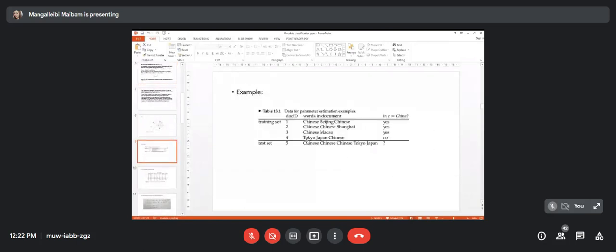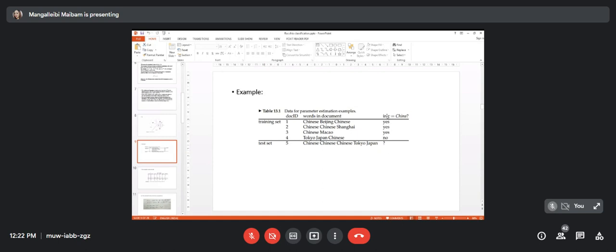The same example I'm using here is the one we have been using for text classification using Naive Bayes and also text classification using the one-off multinomial model. Now the same data we are going to use for classification using vector space. In vector space, we have four documents written here along with a test document T5.